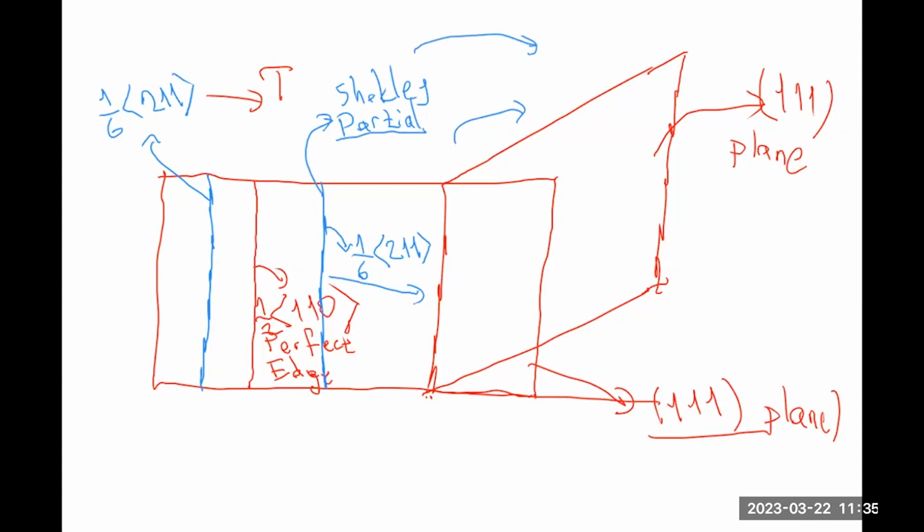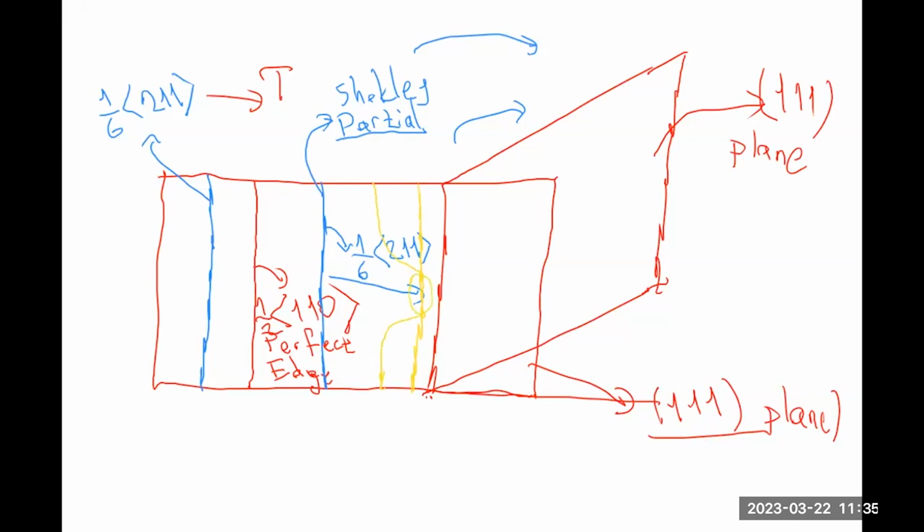Therefore, after the second step, one part of the Shockley partial will be here, and the other one will reach it and they will create, again, the edge dislocation.